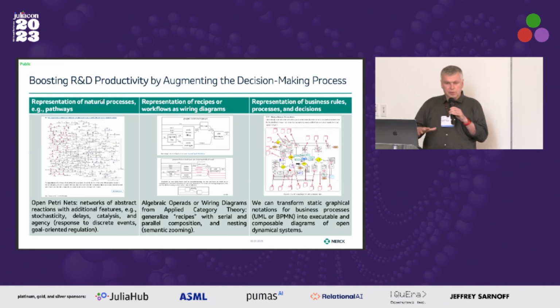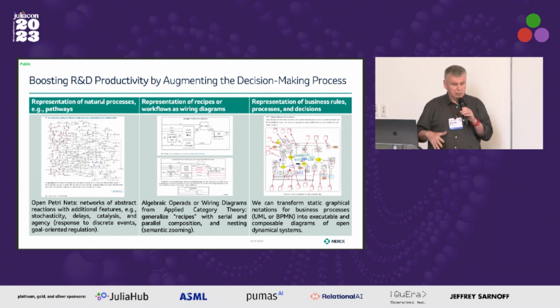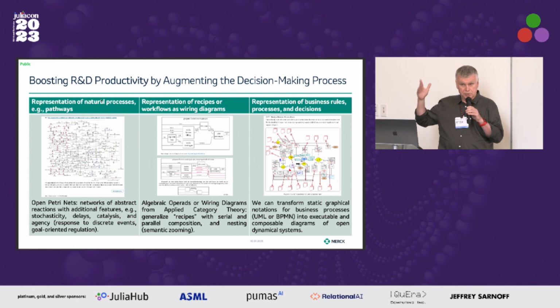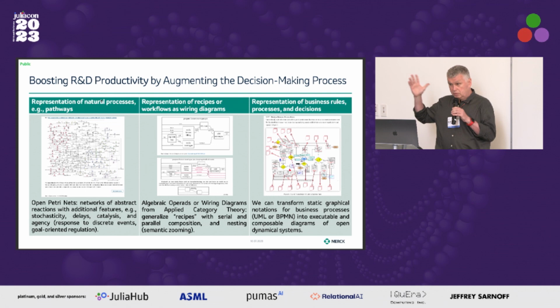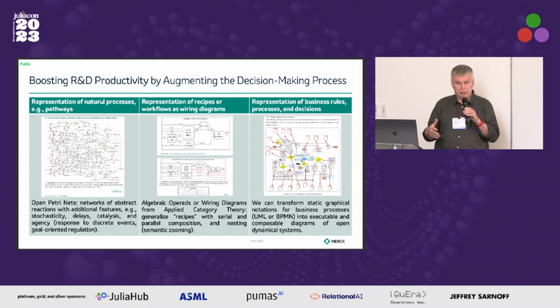And we have to deal with a large variety of processes at many scales, starting from the molecular over research processes, clinical trials, manufacturing, up to public health. And for that, we've chosen a small number of key abstractions that we use and augment and integrate.